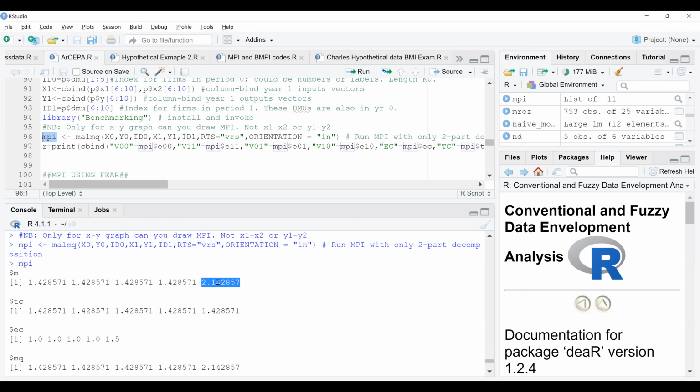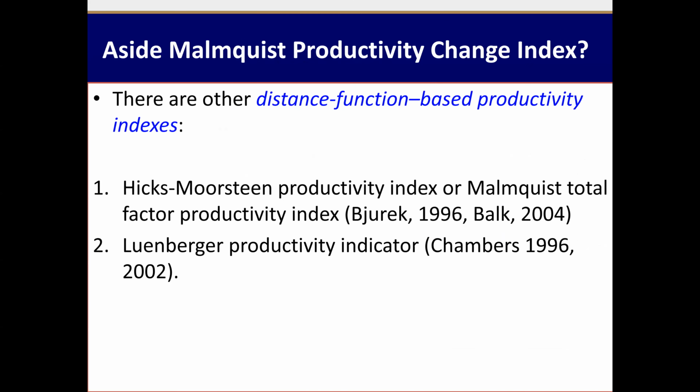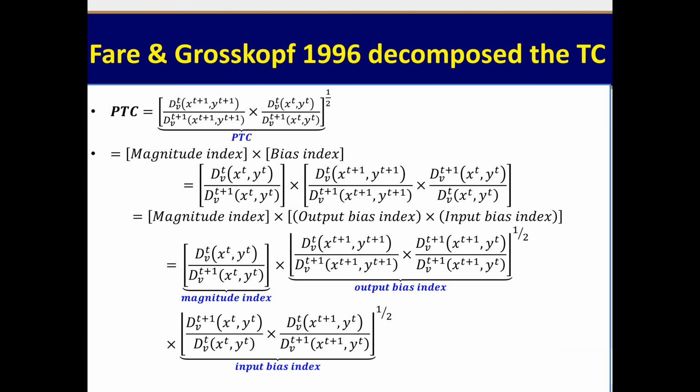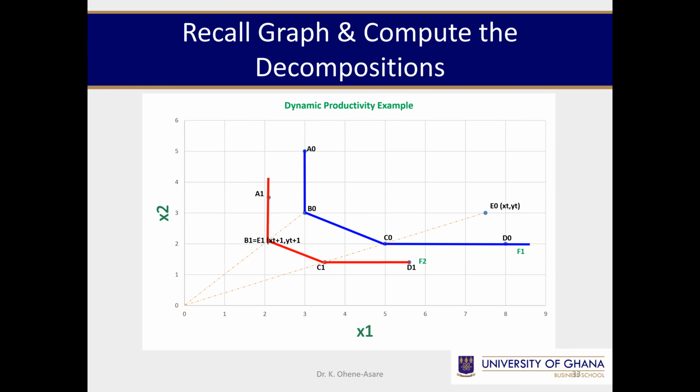Now you guys will notice why that is so true. Let me take you back to the graph, because when you compare this with a graph, it helps you appreciate the whole thing better. When you look at the graph I'm looking at here, you will see that DMU E was inside the blue frontier. It was inefficient.